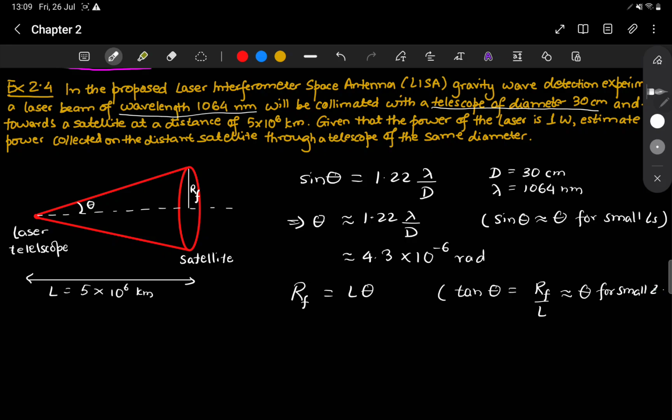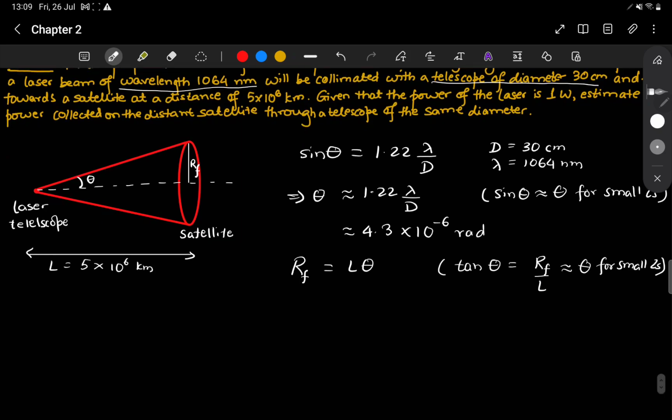This is again from the small angle approximation. So that gives us RF is L times theta. And when we put in the values, this gives us approximately 2.1 into 10 to the power 4 meters.